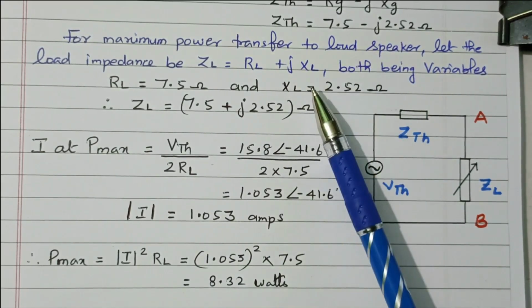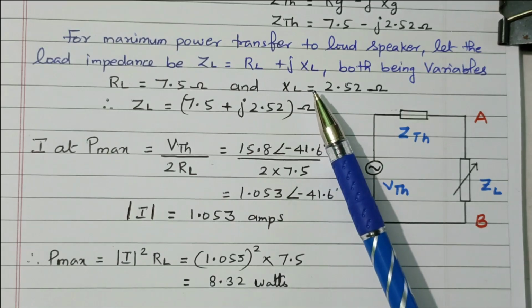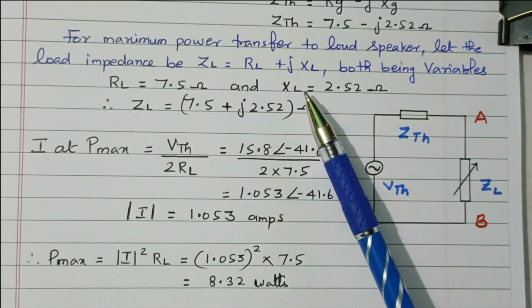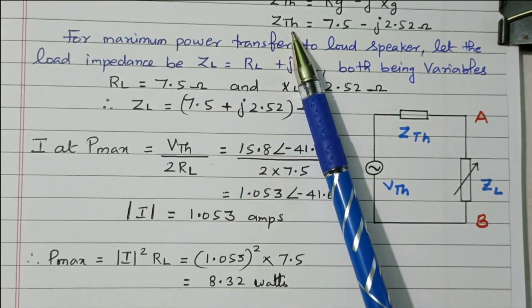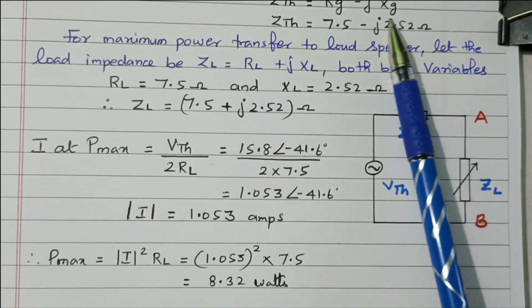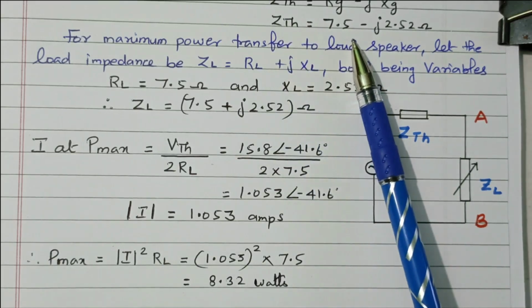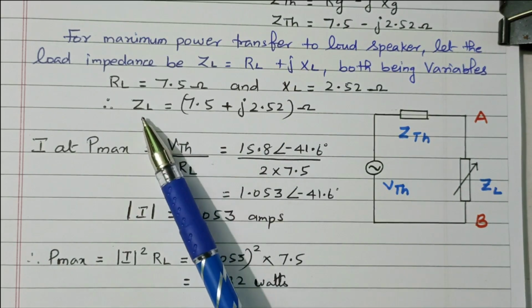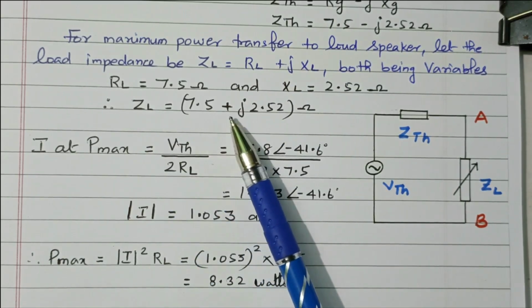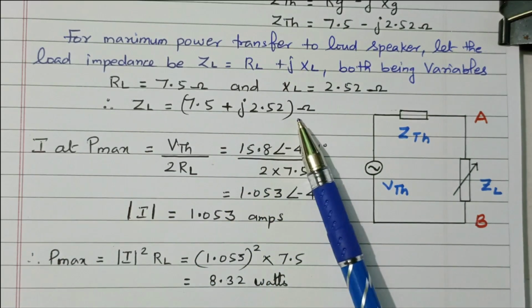That is the condition given by the maximum power transfer theorem: load impedance equal to internal impedance, calculated from the Thevenin equivalent circuit, only complex conjugated. So ZL equal to 7.5 plus j 2.52 ohm.